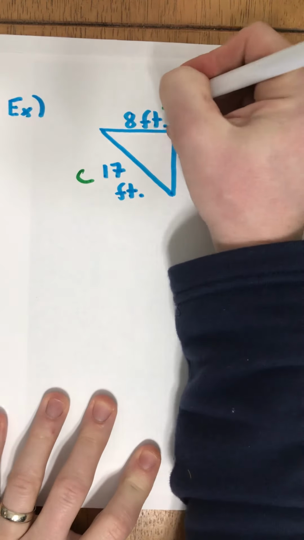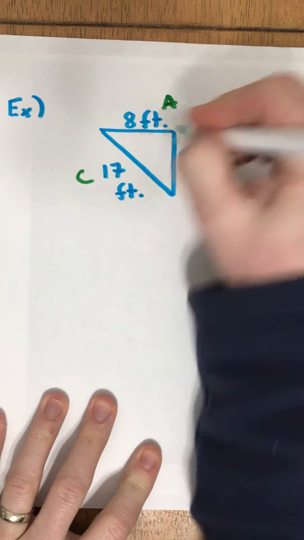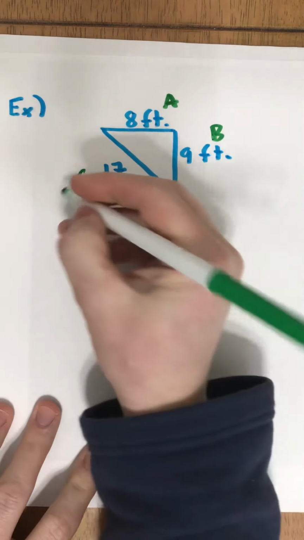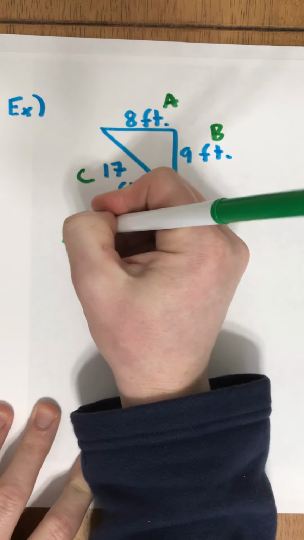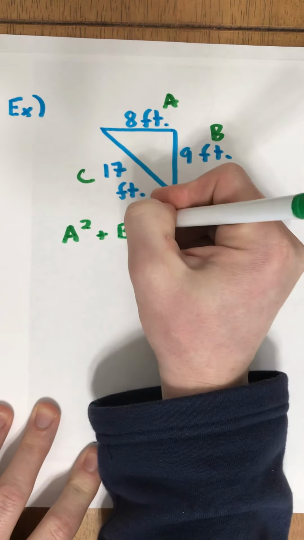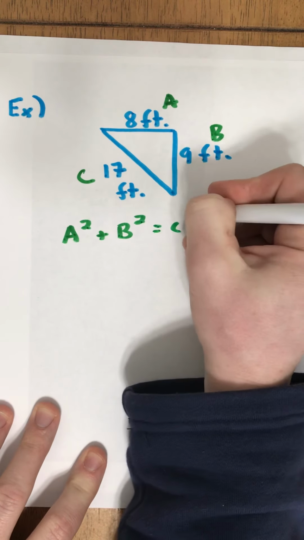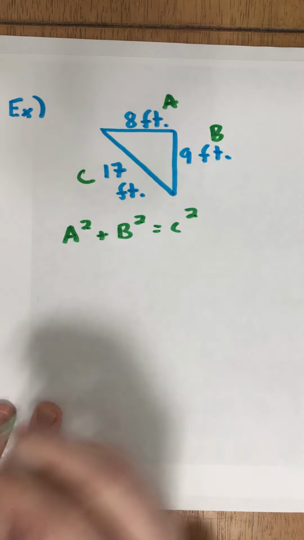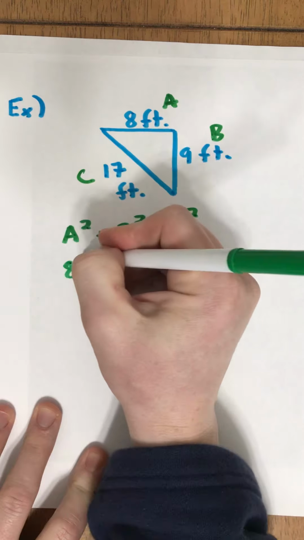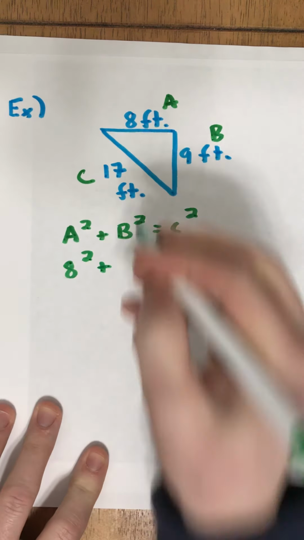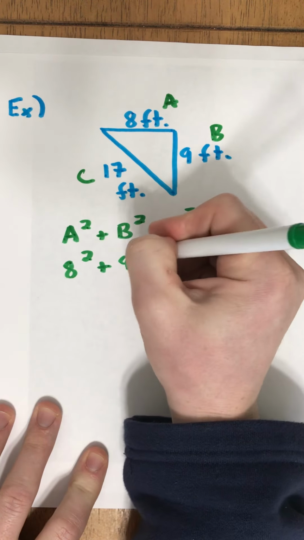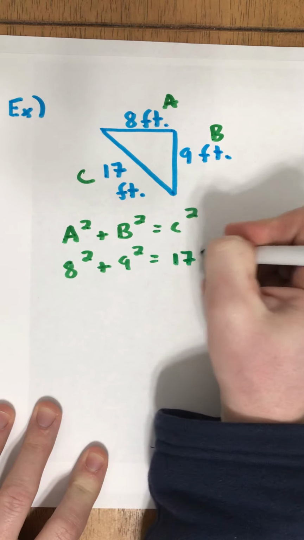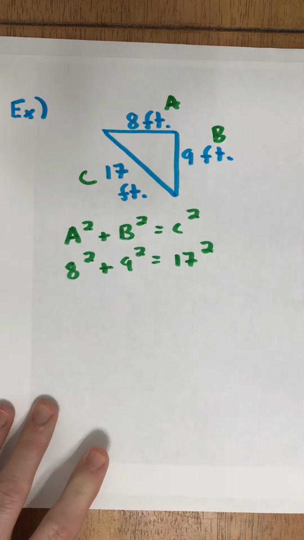And I'm going to have A and B be my two legs, 8 and 9. So I'm going to write down A squared plus B squared and see if that equals C squared. So in this example, A is 8, B is 9, and 17 is C.